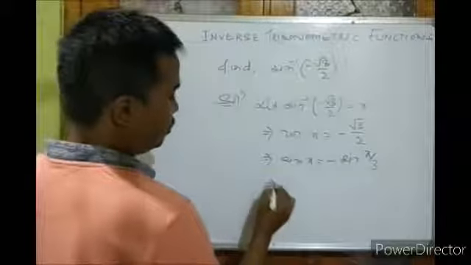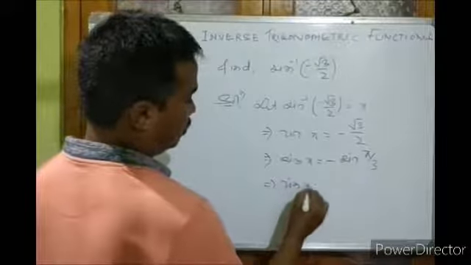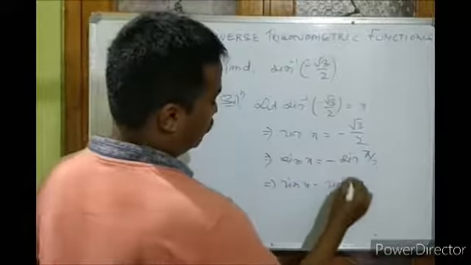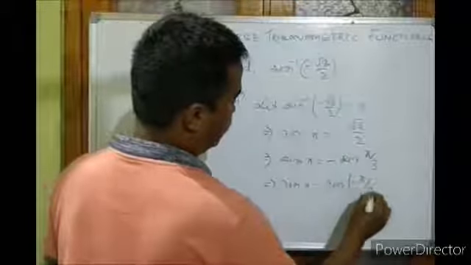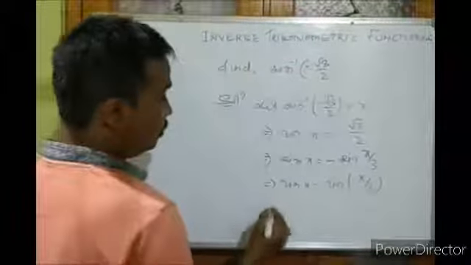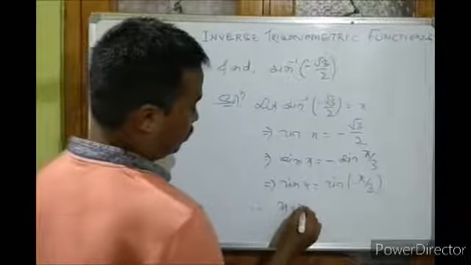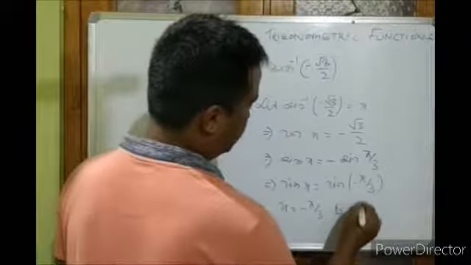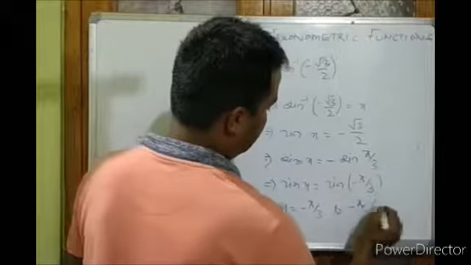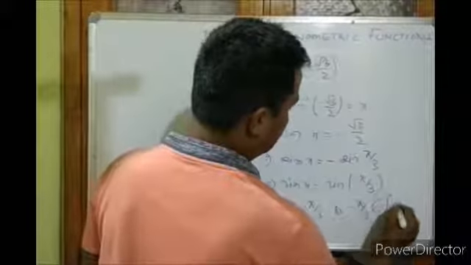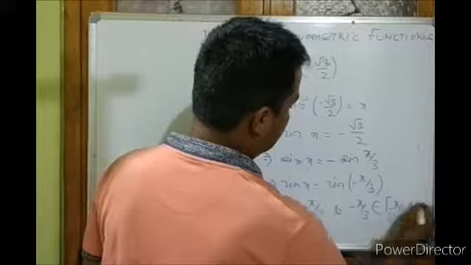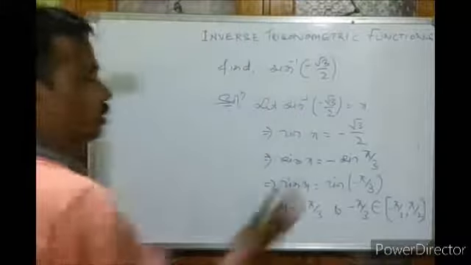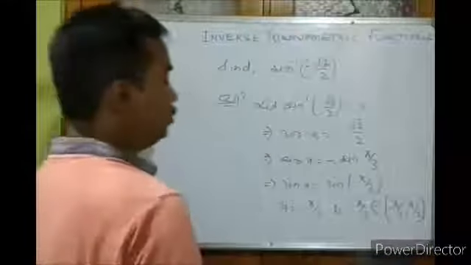This implies sin x equals sin of minus pi by 3. Therefore x equals minus pi by 3, and minus pi by 3 belongs to minus pi by 2 to plus pi by 2, so that falls in the principal value branch.